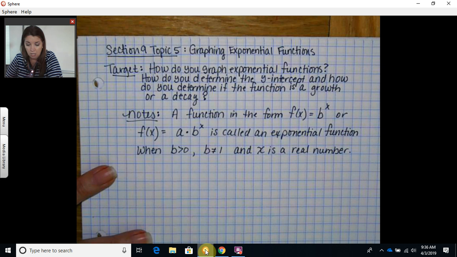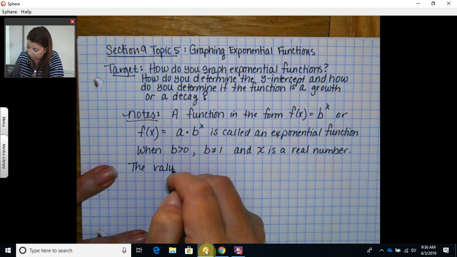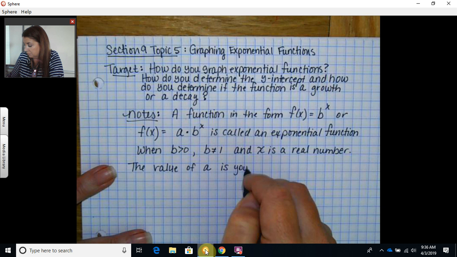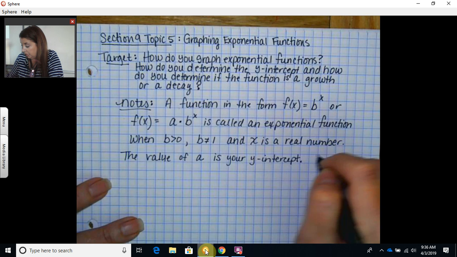The value of a is your y-intercept, which we know y-intercept means where does your graph cross the y-axis, right?